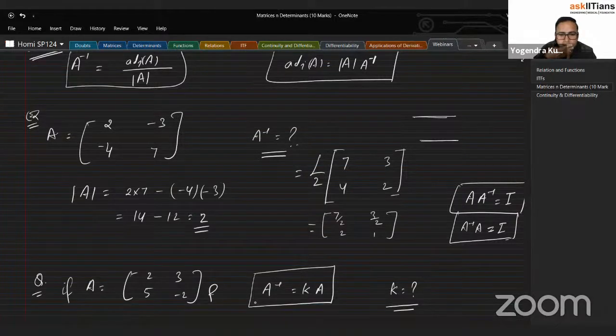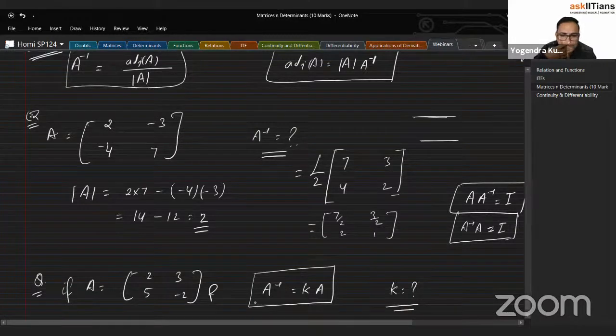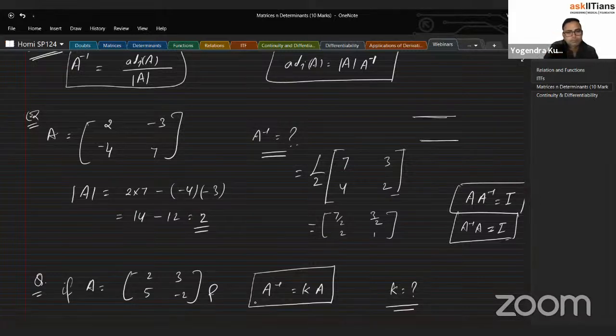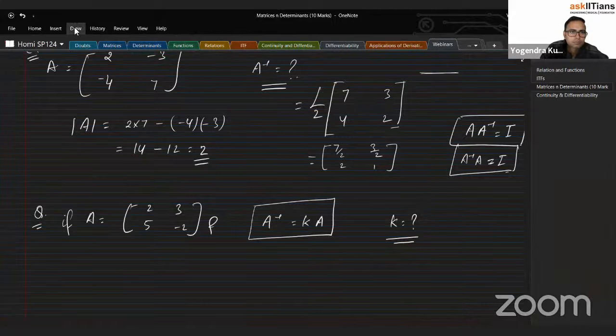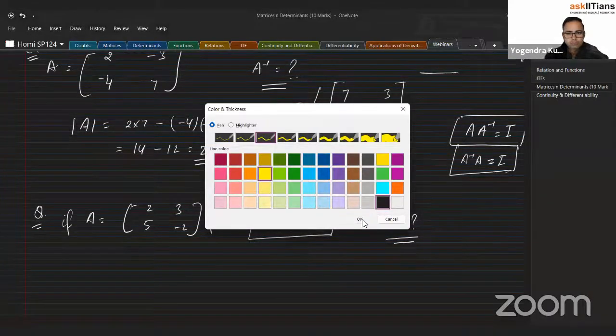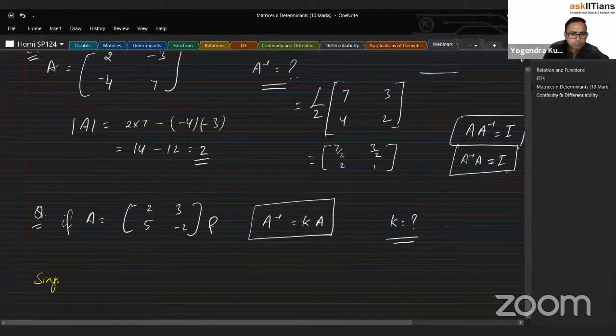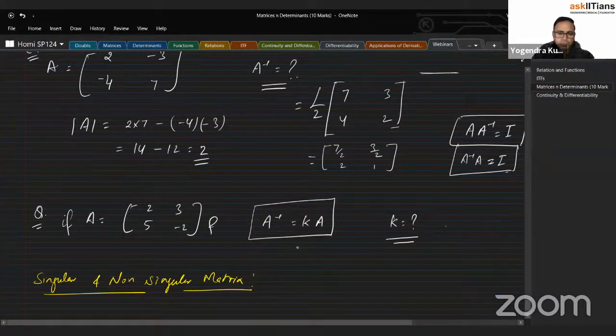Do it fast, everyone. Is it done? What is the value of K we are getting?